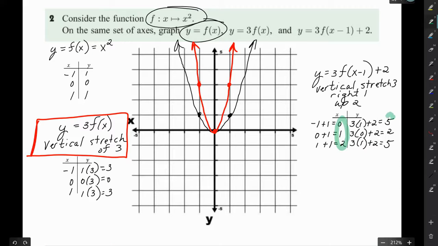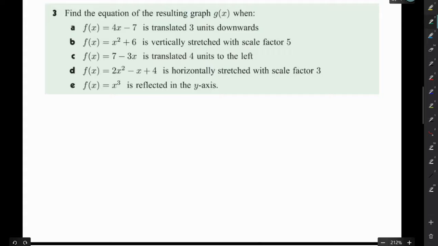All right, so our new x values are 0, 1, and 2, and our new y values are 5, 2, and 5. So I'm going to go ahead and plot those. All right, and if we look at this graph, it looks like we have stretched vertically, right? We've moved our whole graph over 1, and we've shifted our whole graph up 2.